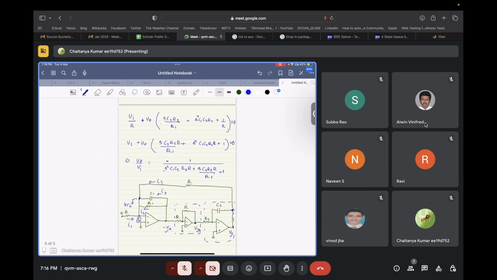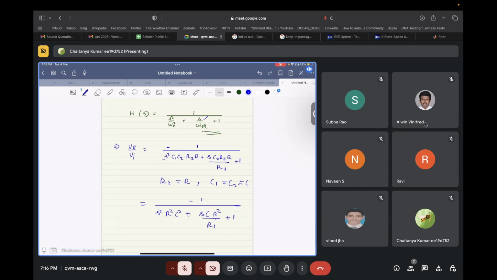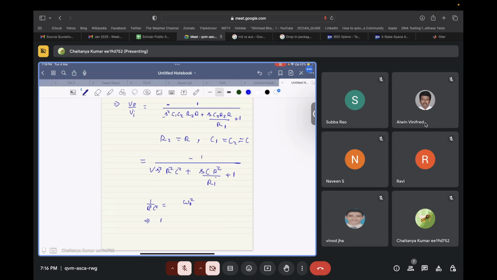Yeah, correct. Plus SC R square by R1 plus 1. So we want the equation to look in this form, right? So what we will need is 1 by R square C square is equal to 1 by omega naught square. Comparing the second order term of both of them, that means to say RC is equal to 1 by omega naught.